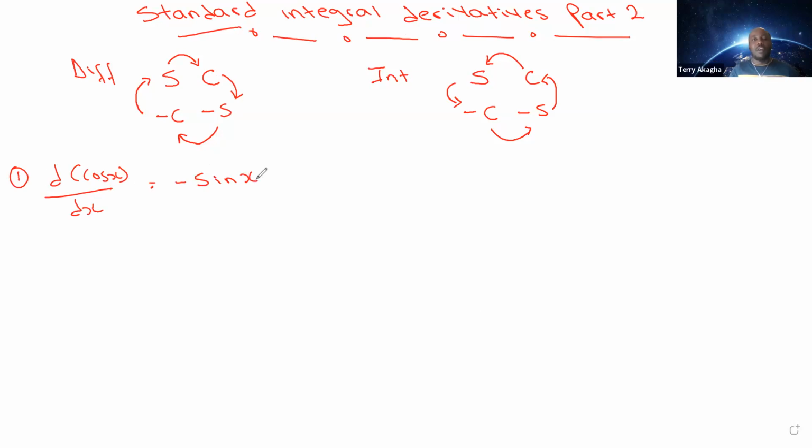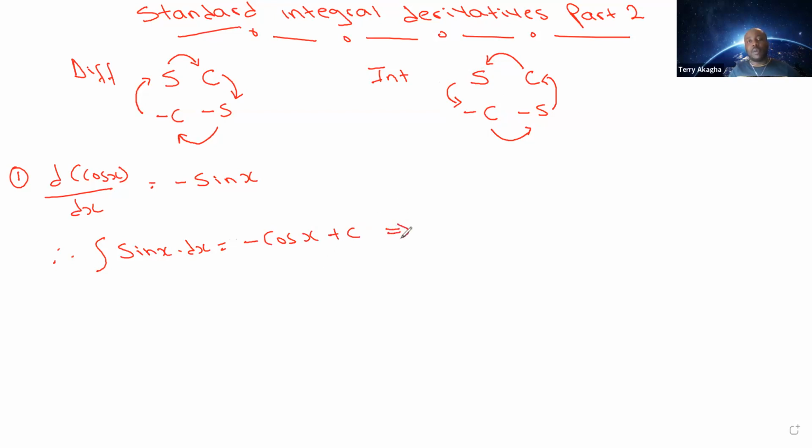Does that make sense? So let's go back. Now, when you integrate sine x, it's going to give you what? Minus cosine x. So it's going to give you minus cos x plus c.